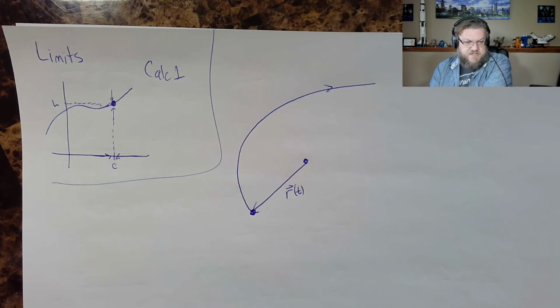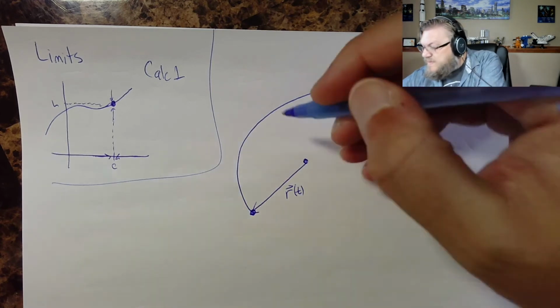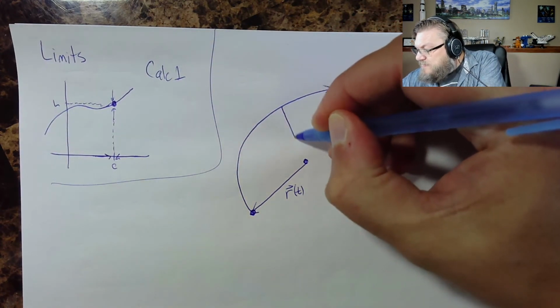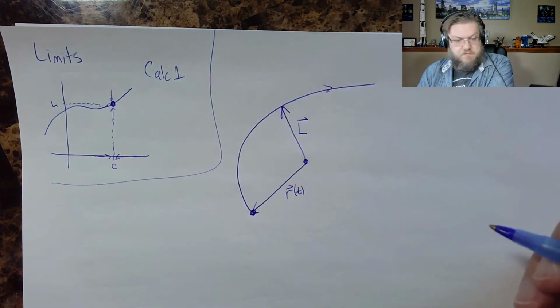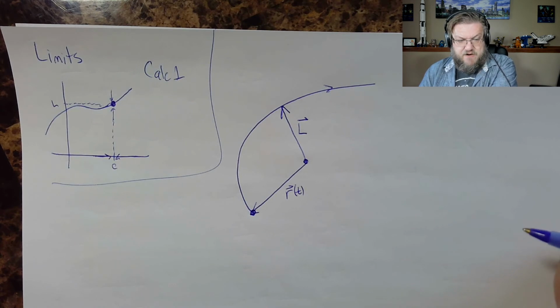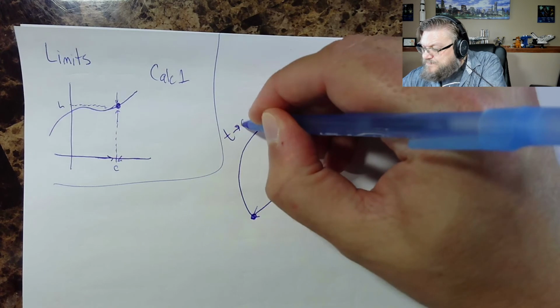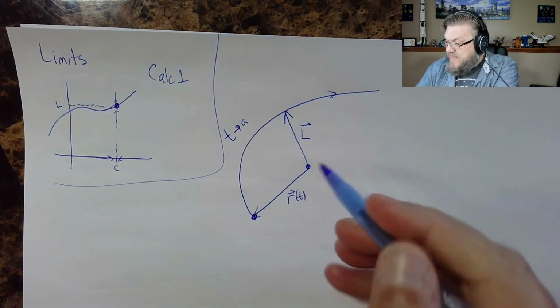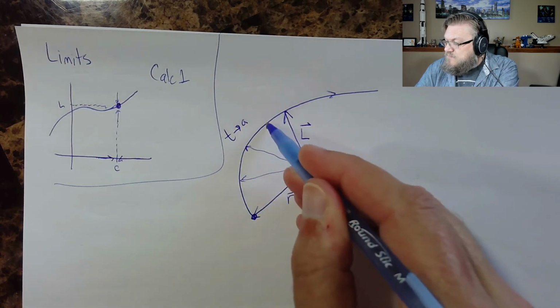So now I might say, well, what happens as t approaches some time, right? Maybe t approaches some value, yeah? What happens here, right? Well, let's say that maybe I want to approach some vector L, right? And what I would say here is as t goes to some parameter value a, I'm getting copies of these vectors along the way, right?